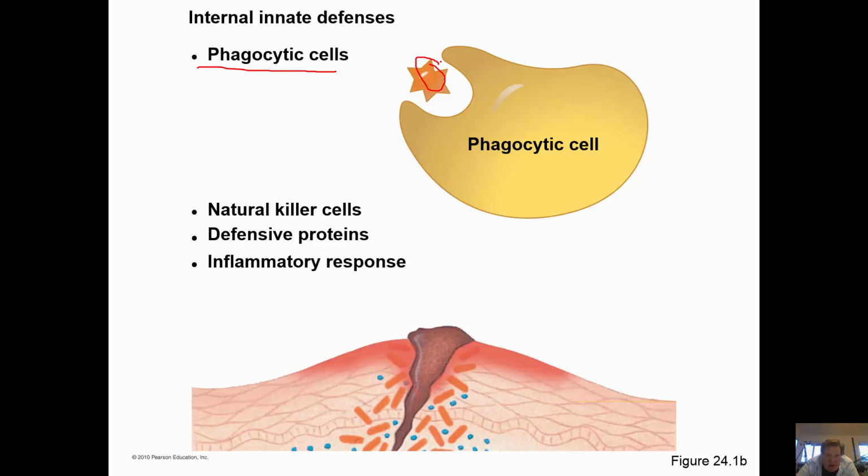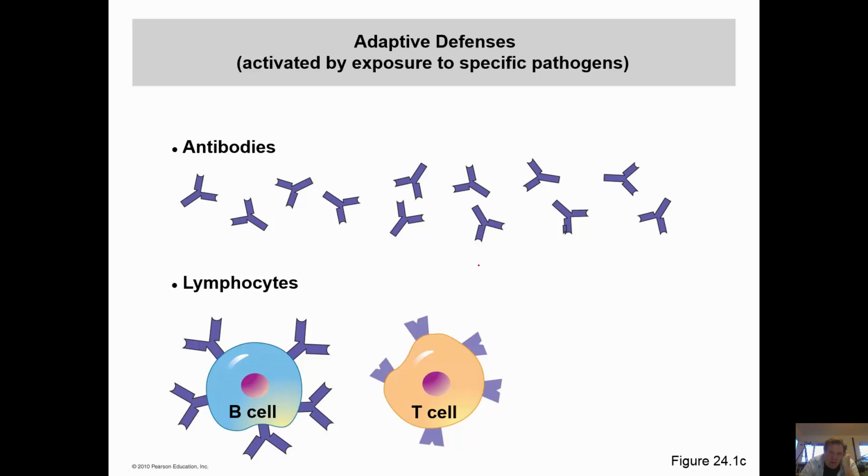Here's a little pathogen, and the cells wrap themselves around this pathogen and destroy it. These types of cells produce defensive proteins, and they are part of what we call our inflammatory response. An inflammatory response is basically any response that will occur for these organisms.